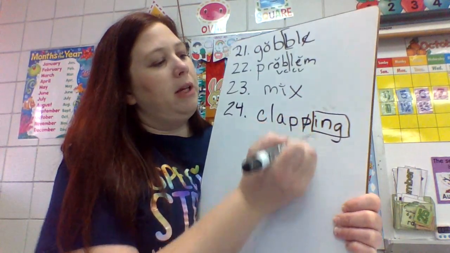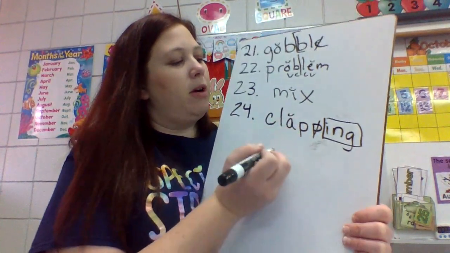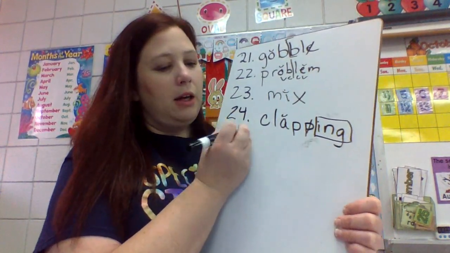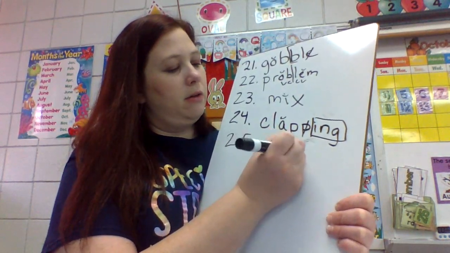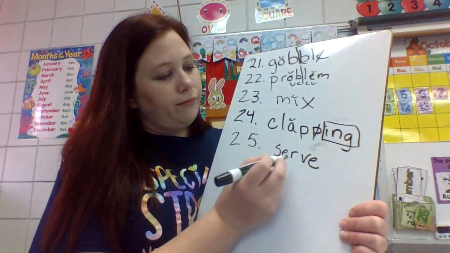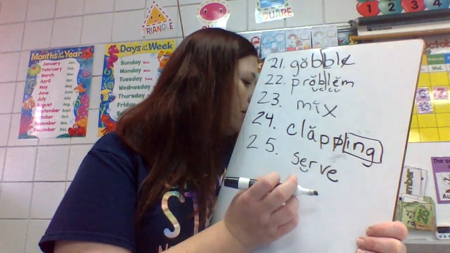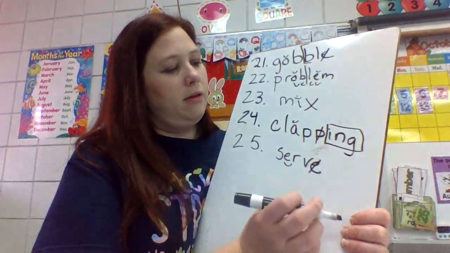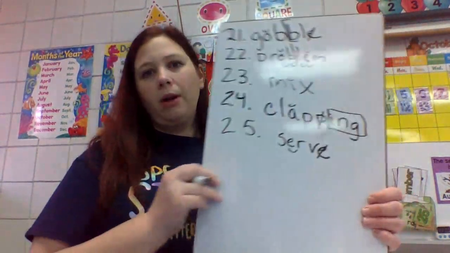When that happens, we know the P we just can cross out. So then we have vowel, consonant, and it gets a breve. And last, 25, serve. Here we have that combination ER. Serve.